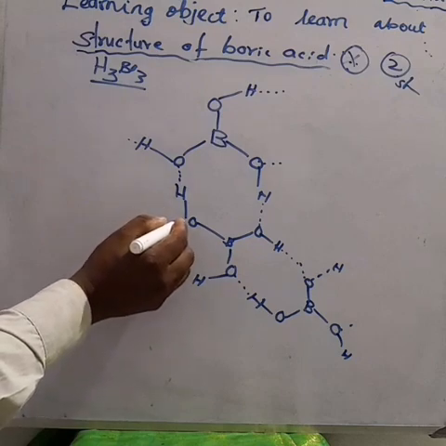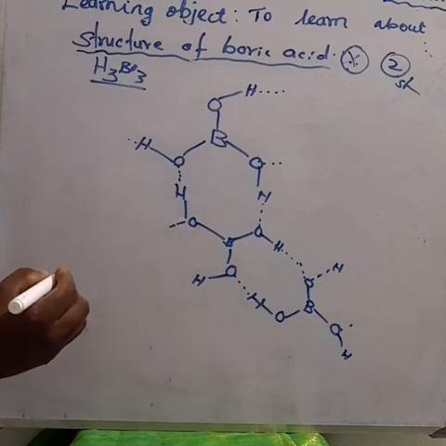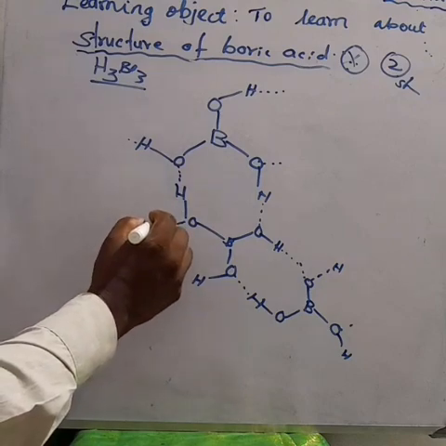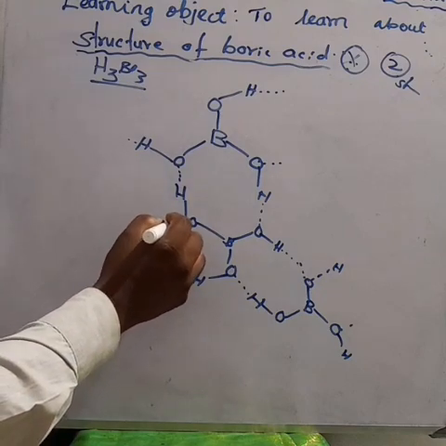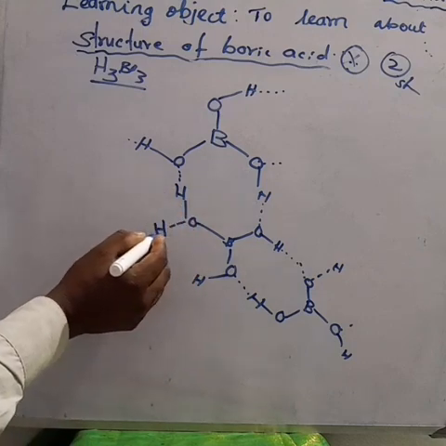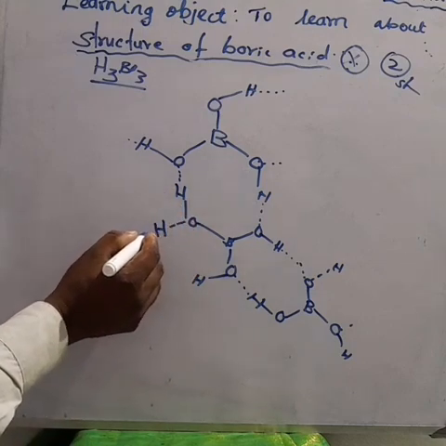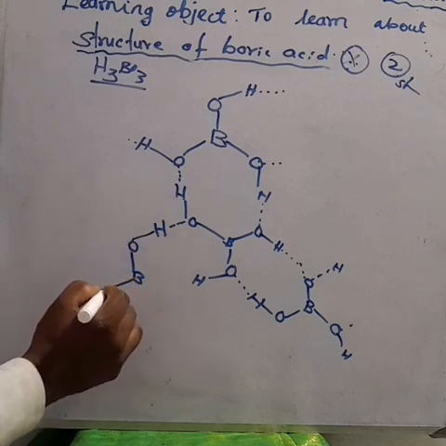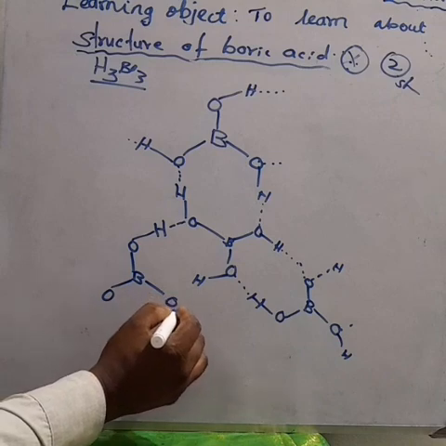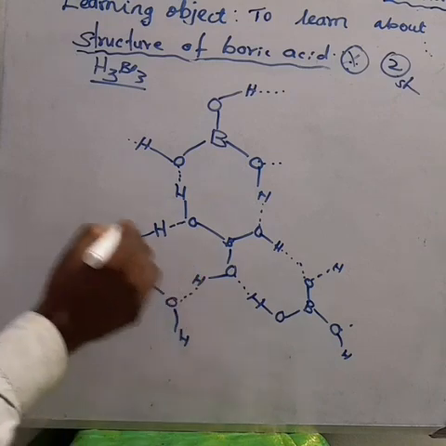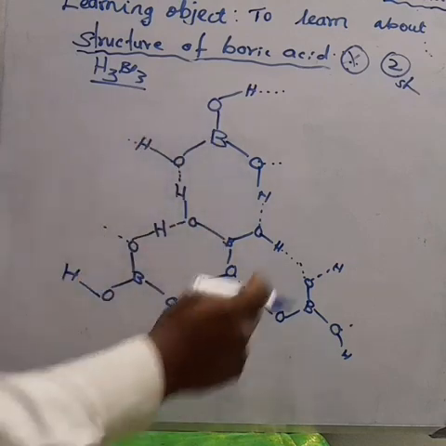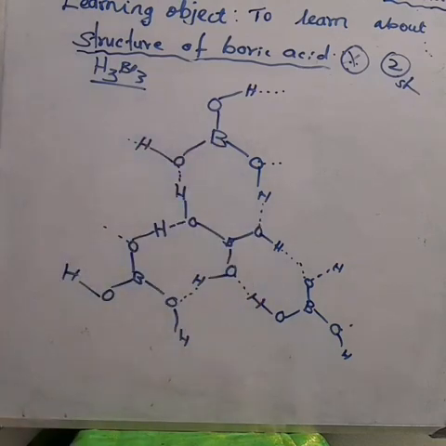We know the formula for boric acid is H3BO3, so boron is 1, oxygen is 3, and hydrogen is 3. Draw it like that. Start with hydrogen, next oxygen, next boron, and next oxygen. The last 2 oxygens are surrounded by hydrogen. So we get one structure that has 4 molecules of boric acid.